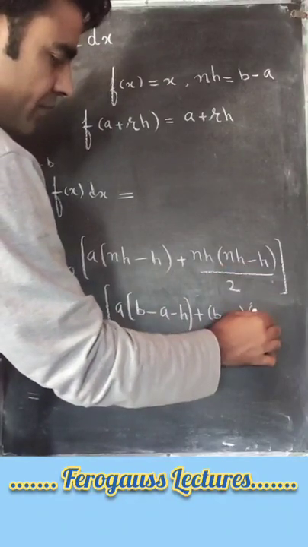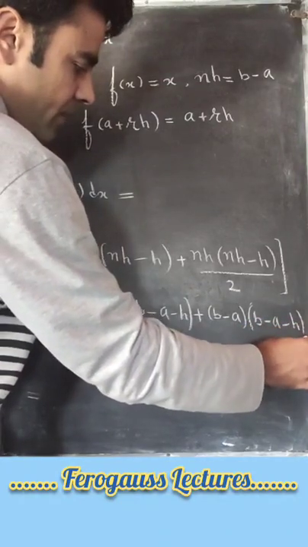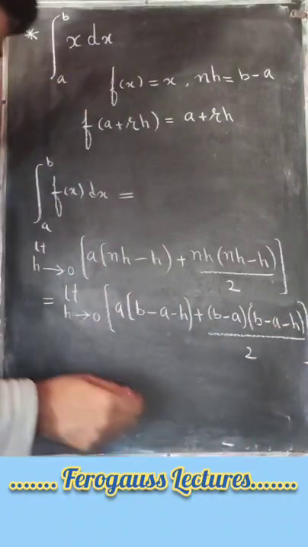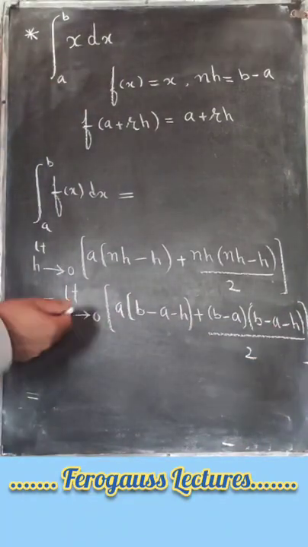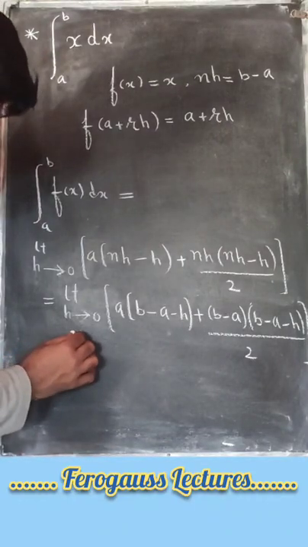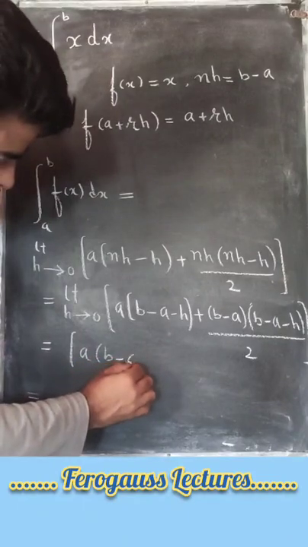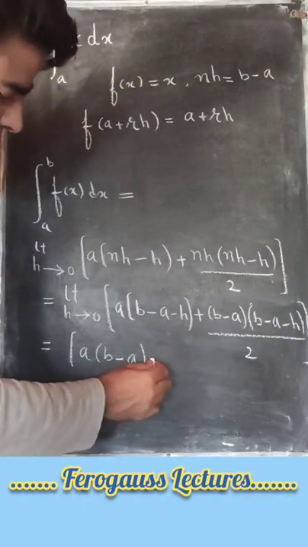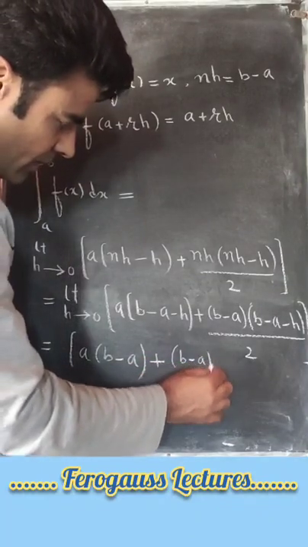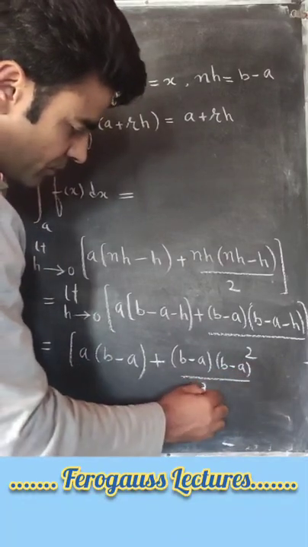Then again nh, it is b minus a minus h, divided by 2. Now apply the limit h tends to 0, we get a times b minus a, h becomes 0, then we have plus b minus a into b minus a divided by 2.